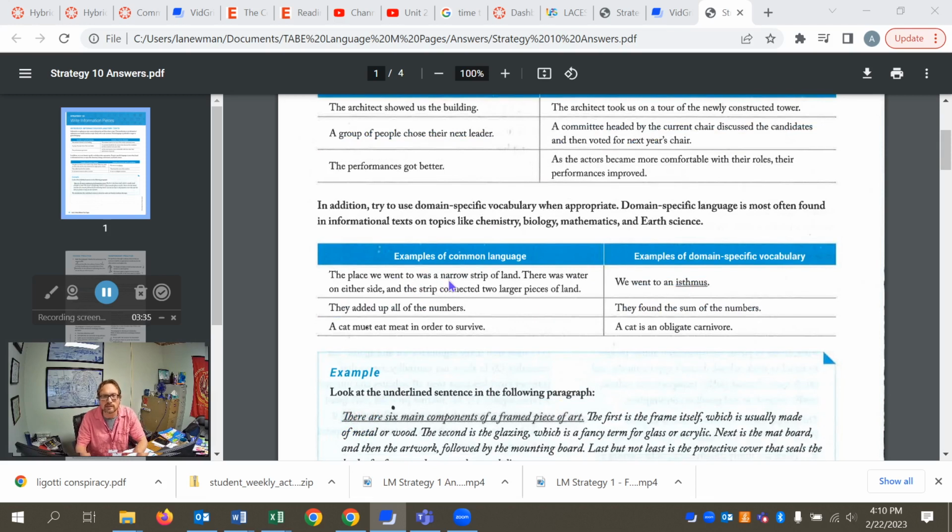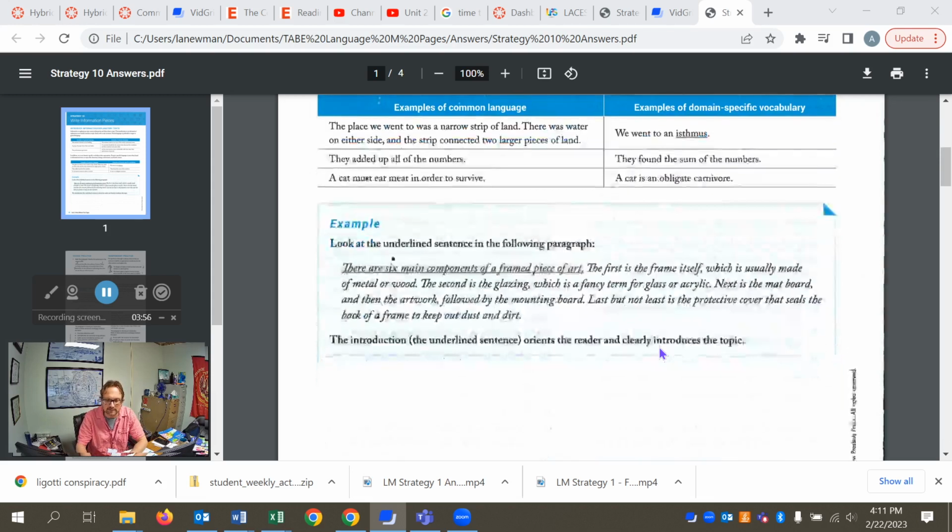A narrow strip of land. Well, that is an isthmus. That's the definition of an isthmus. So whenever possible, add that kind of terminology and vocabulary. One, it boosts your credibility, but two, in this case, there might be a little bit less work because you're using one word instead of a whole sentence to define something.